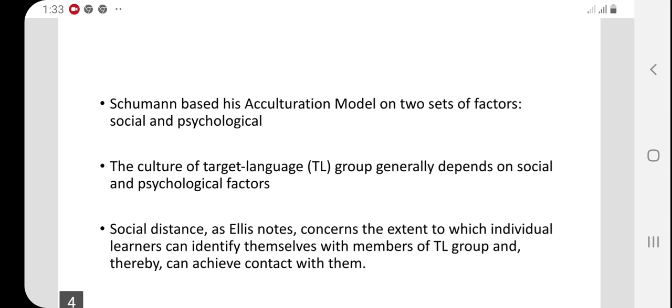And once the contact is developed between the migrant workers and the ethnic majority language group, then a process of acculturation, adopting yourself to the new culture, starts. And when you start adopting yourself to the new culture, definitely the target language also becomes part of your culture.